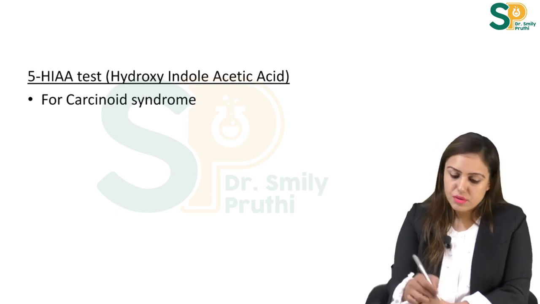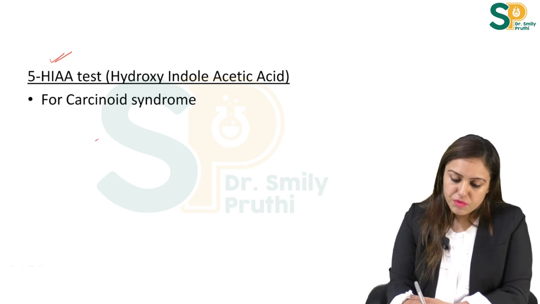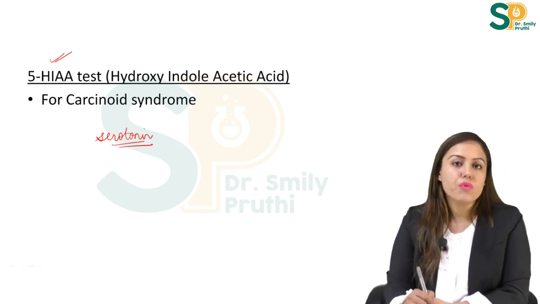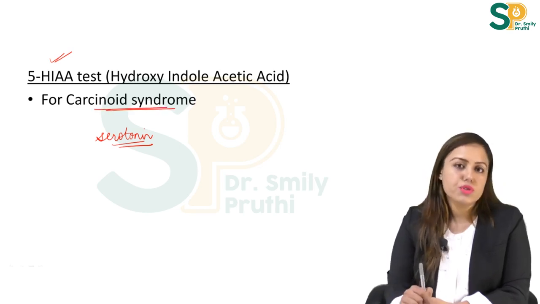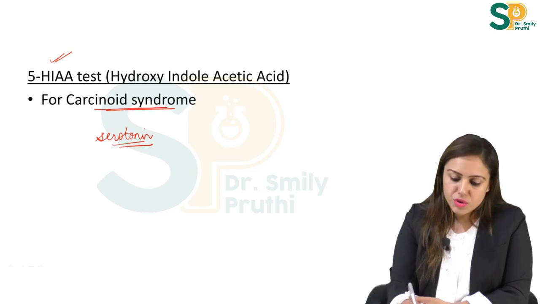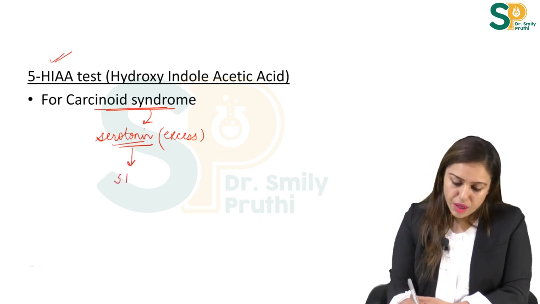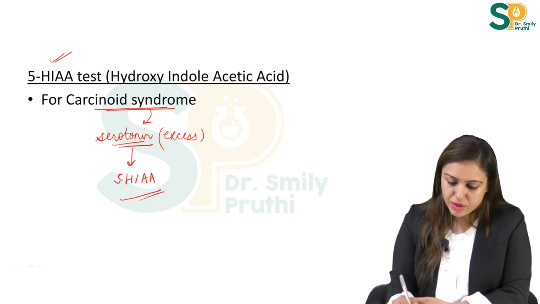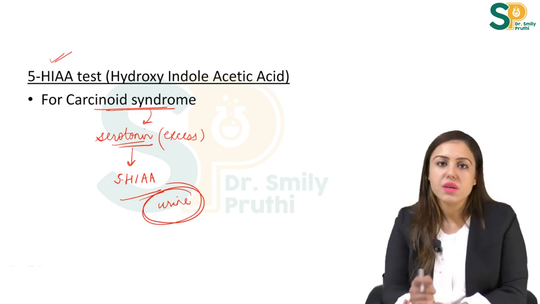Then the last one here, 5-hydroxy indole acetic acid, which is a metabolite or end product of serotonin. So it is for carcinoid syndrome, because in carcinoid syndrome an excess of serotonin is formed, which will form an excess of 5-hydroxy indole acetic acid, which is detected in urine.